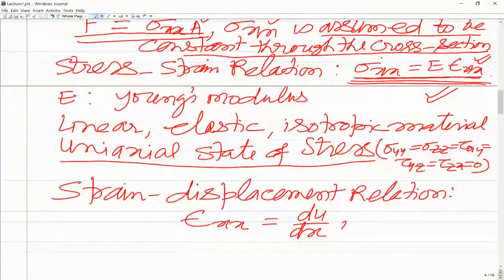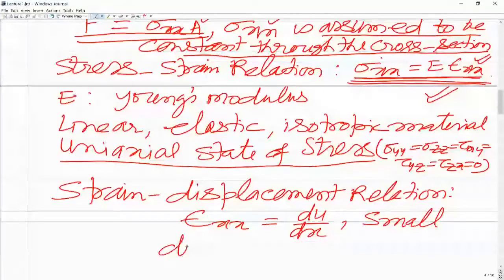Again, we are not taking any quadratic terms, so we are neglecting the nonlinearities in this relationship. That is an assumption, and we call it small displacement gradient. So du by dx is small, so its square is negligible compared to du by dx itself.